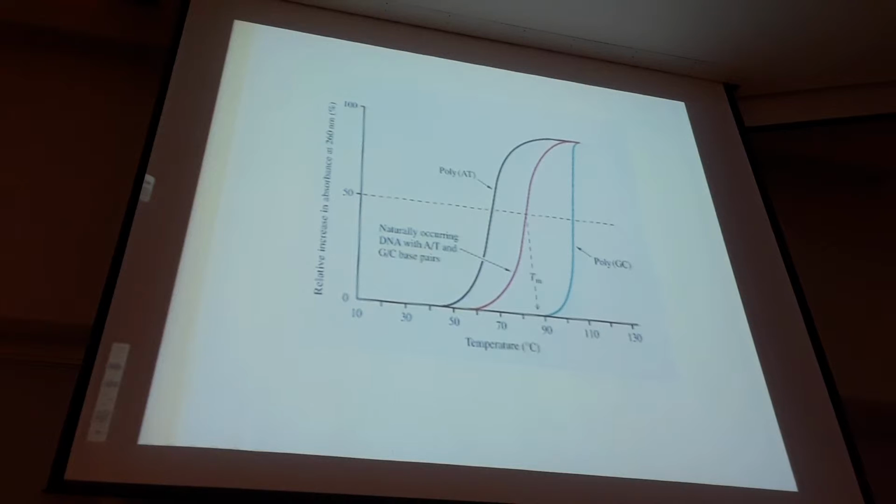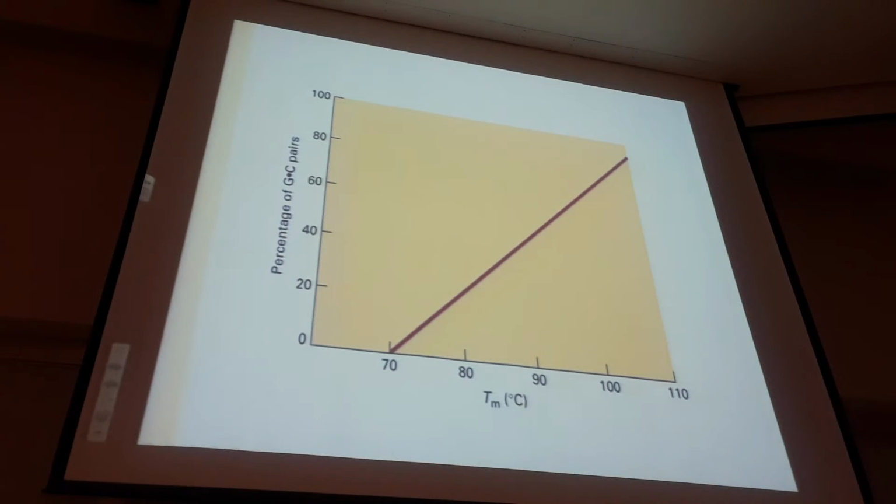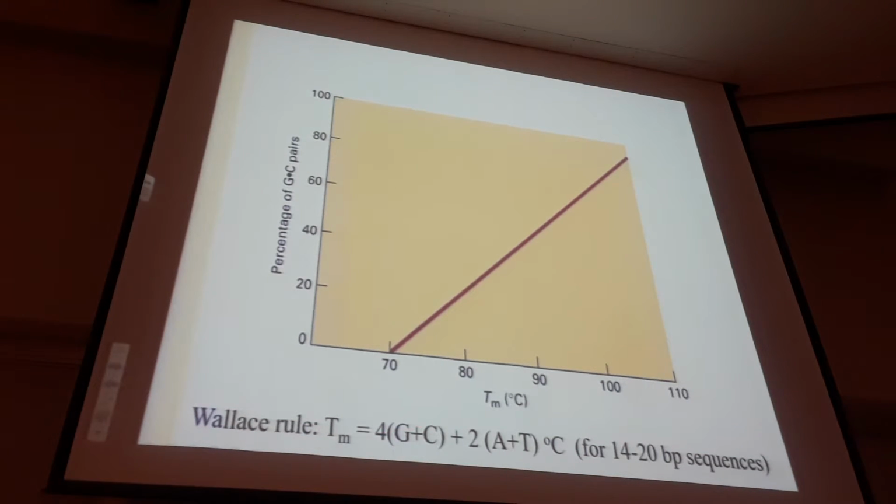But it's sometimes quite critical what temperatures you actually use in this process, okay? And so you may have to have an idea at what temperature actually your primers will hybridize with the corresponding sequences in your DNA, and you can calculate this utilizing a number of methods, and I actually have one here. It's called the Wallace rule, which can be used for sequences between 14 and 20 base pairs, which just allows you to estimate melting temperatures.